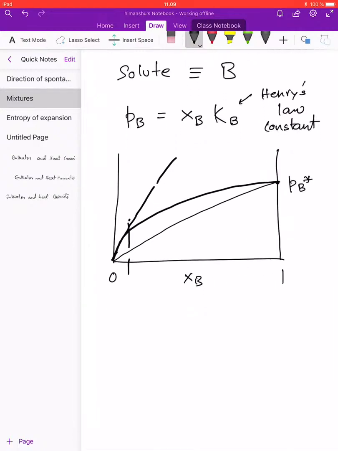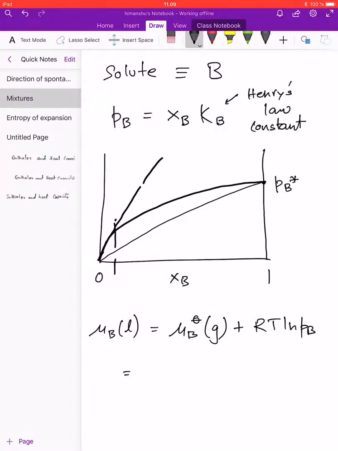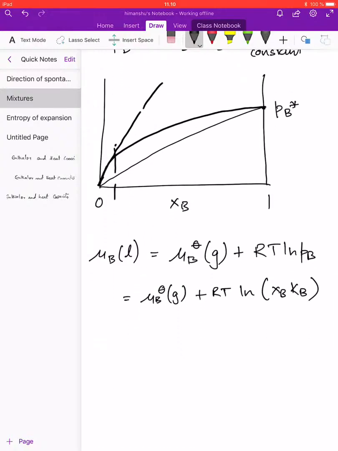So one can again do a simple liquid-vapor equilibrium for B. The chemical potential of B in the liquid phase must be equal to the chemical potential of B in the gas phase. And now we can replace PB by XB multiplied by KB. So this can be written as the standard chemical potential of B plus RT log of the mole fraction of B multiplied by Henry's law constant.